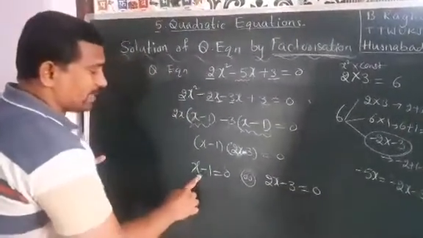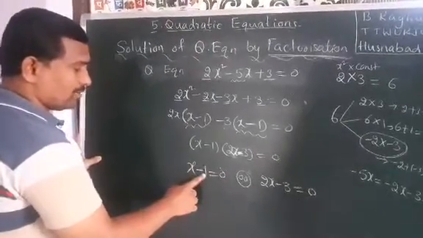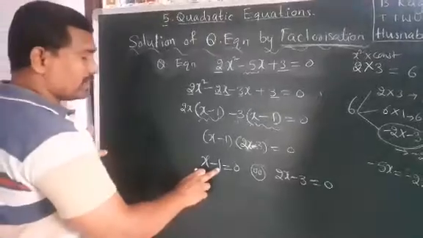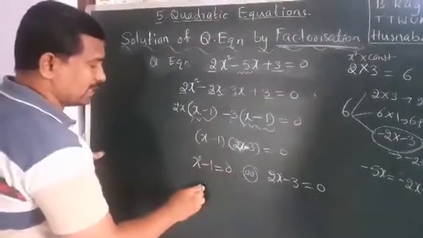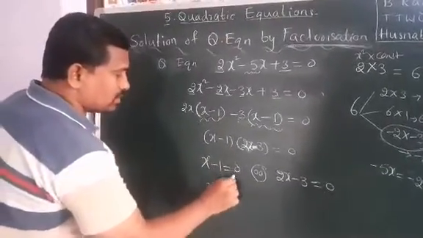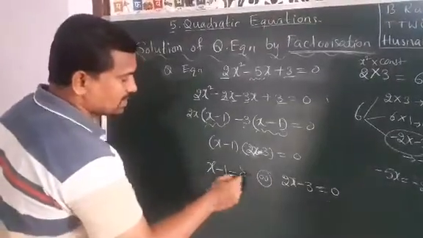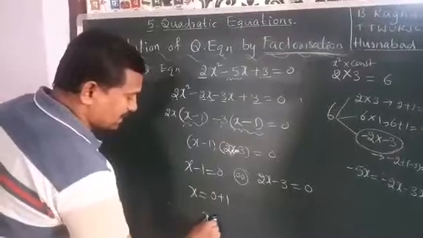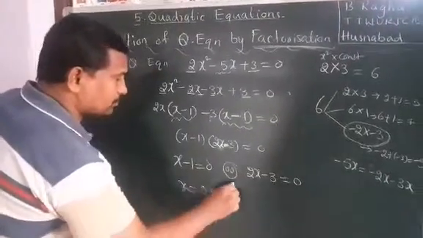That means x minus 1 equals 0. Take minus 1 to the right side, as we are finding x values. Transposing to the right side, minus becomes plus 1, so x equals 0 plus 1, which is 1.